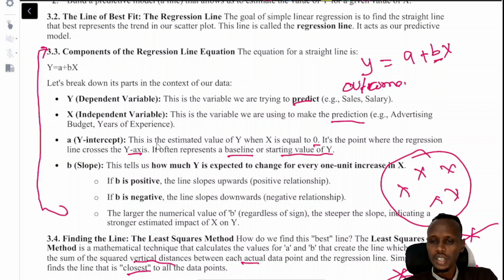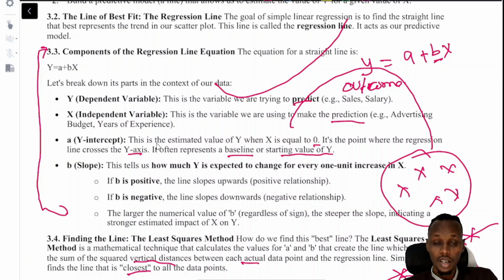It often represents the baseline or starting value of y. B, the slope. This slope tells us how much y is expected to change for every 1 unit increase in x. If it is positive, the line slopes upwards. If it is negative, the line slopes downwards.